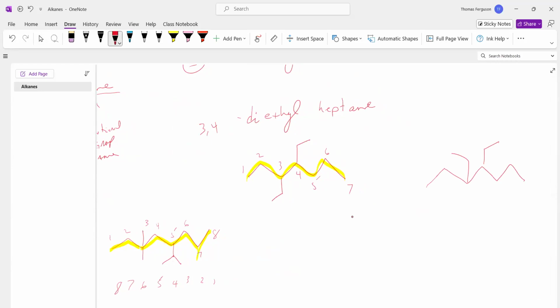Or if you wanted to put them on the other end, if you started counting over here as 1 on the right, 1, 2, 3, and 4. When you're drawing your own structures from a name, you can determine your own backbone numbering. So you can go left to right, right to left.